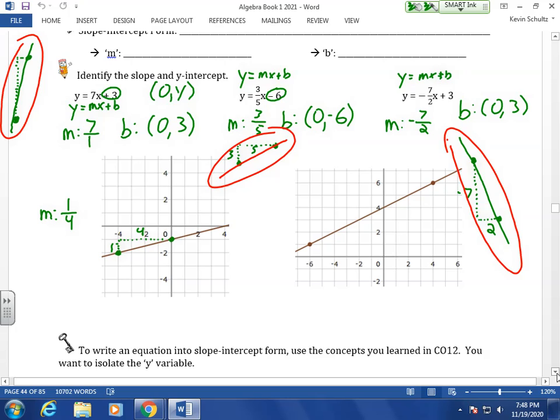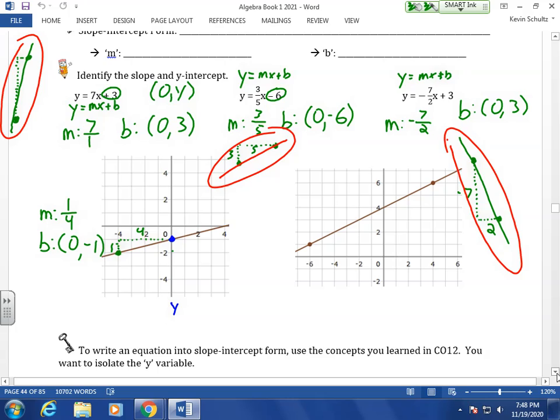Where's it cross the y-axis? I'm going to put a blue dot where it crosses the y-axis. It crosses the y-axis right there. Remember, the y-axis is the one going vertically. What value is that? -1, right? Here's 0, the origin, and -1, -2, and so on. So our b value is (0, -1).